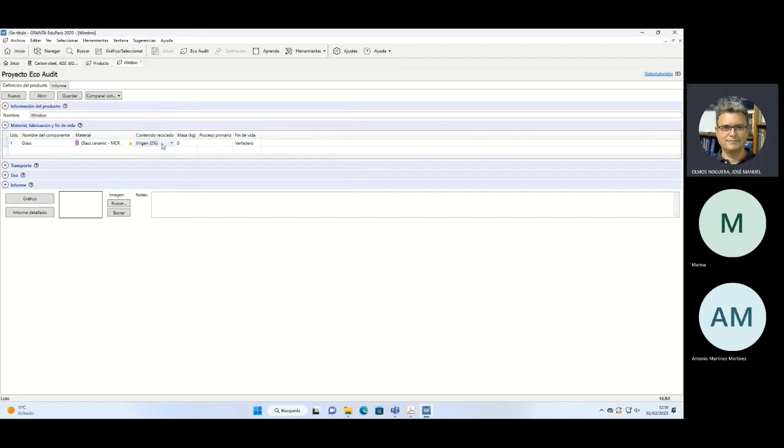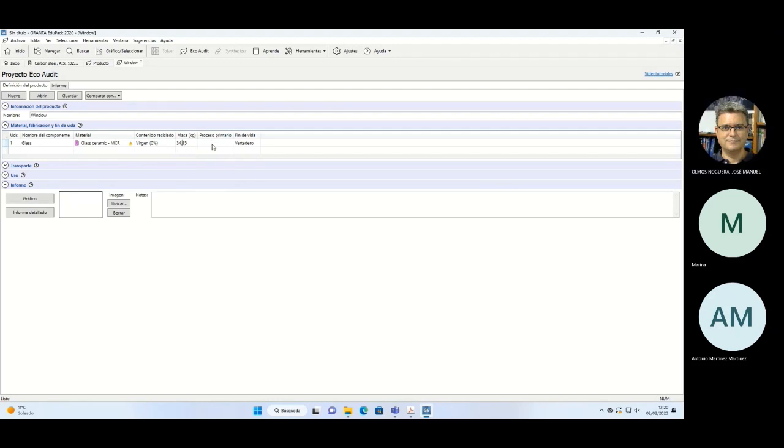Here we can include how many recycled materials we are going to take into account. We just say 0 and the mass. Since this is Spanish, you have to write with commas. If not, it's not going to work. You have to use commas.